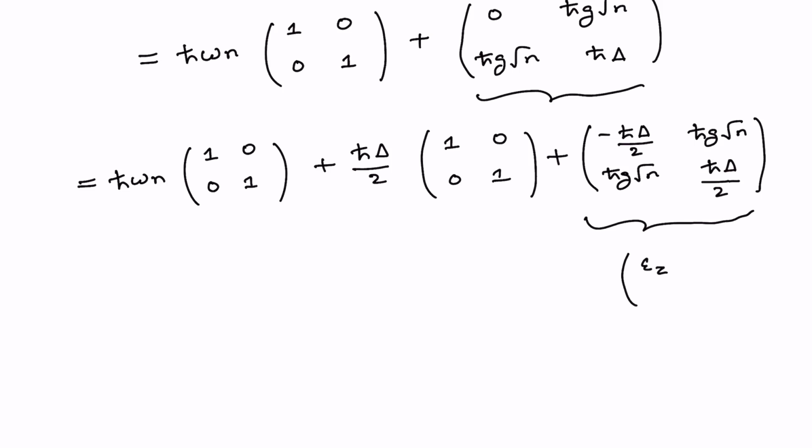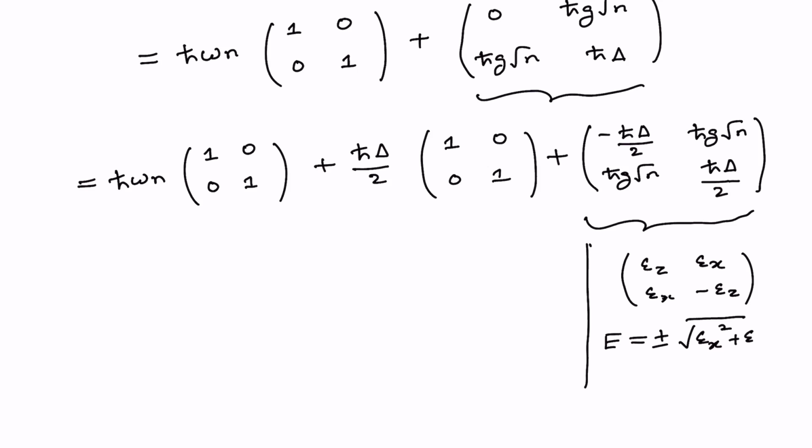Now if you look at this matrix, it should remind you of the matrix we discussed when we talked about the general two level atom, and there we saw that the eigenvalues of this matrix can be very trivially written as plus minus square root of ex square plus ez square.